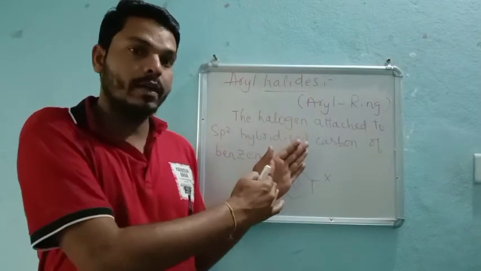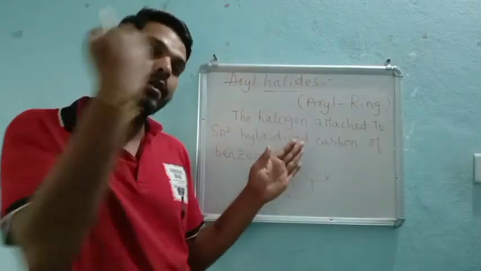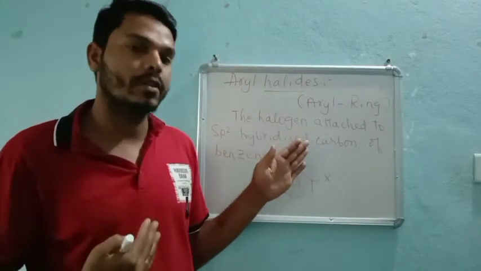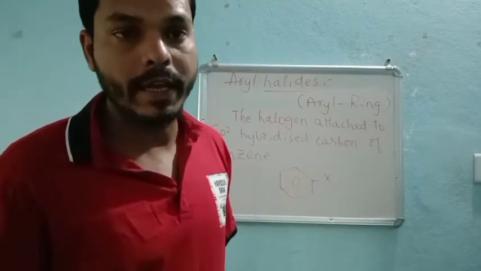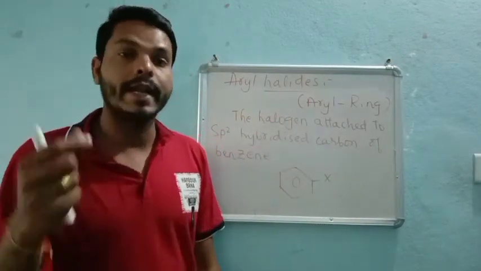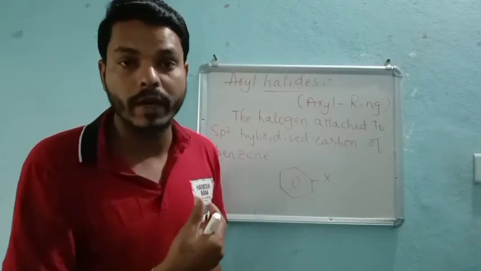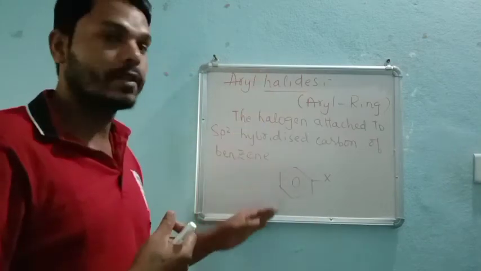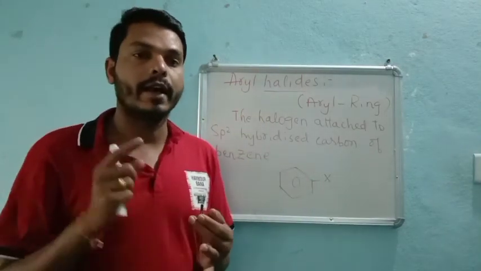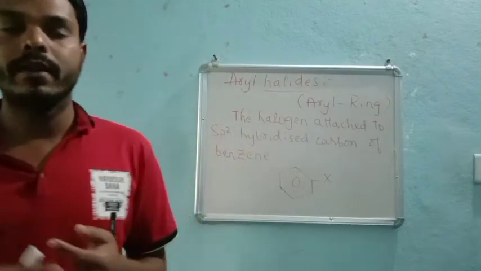Beside the halogen-bearing carbon, there is an sp2 condition, that means unsaturation. But in the case of aryl and vinyl, there is direct attachment to the sp2 hybridized carbon atom. Likewise, you can study these: vinylic and arylic, and benzylic and allylic, right?